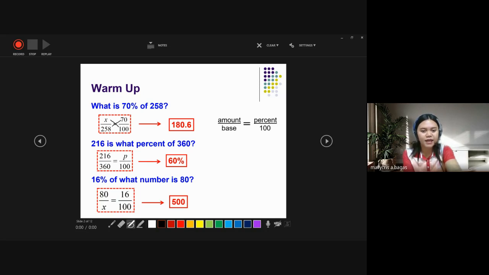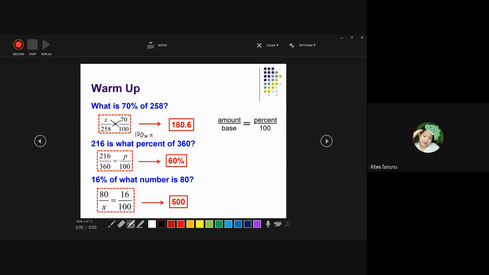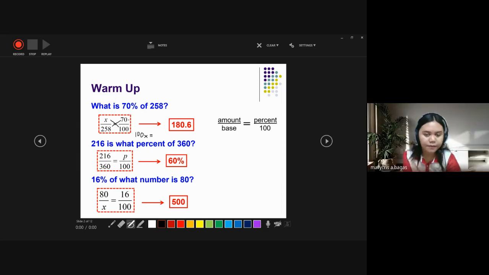So we're going to write here 100 multiplied by x. So x is equal to 258 times 70.